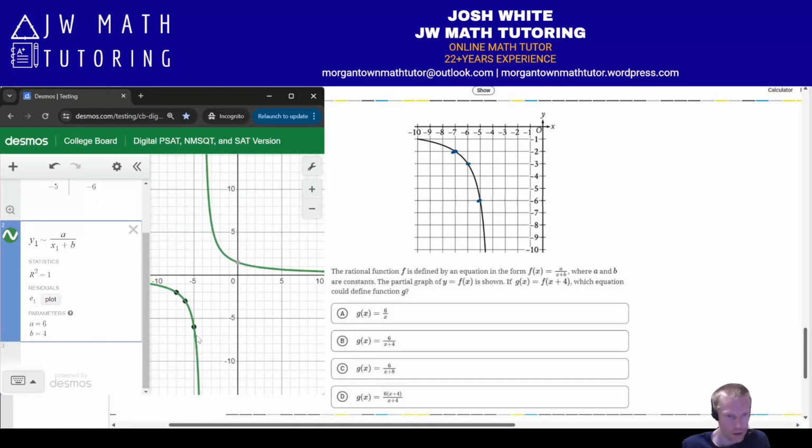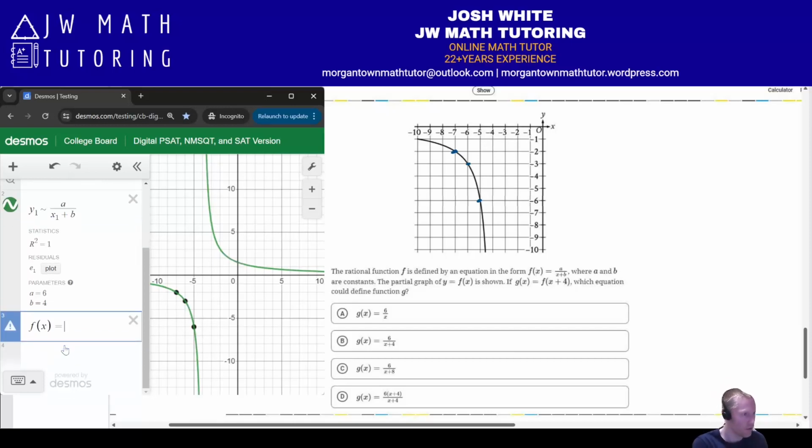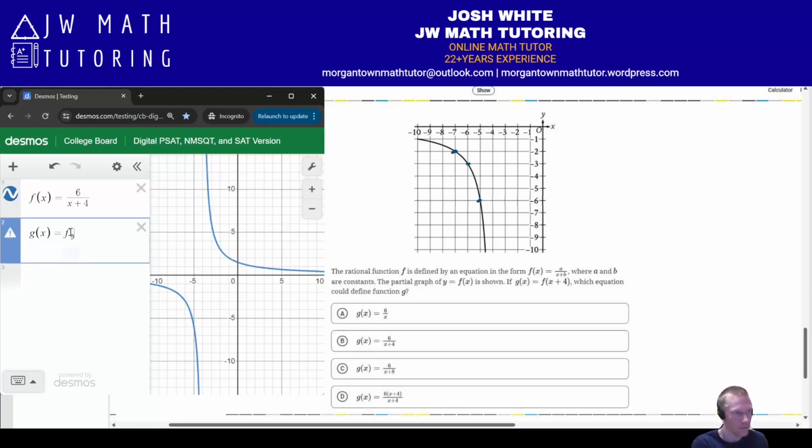All right, this portion of the graph looks like what we have on the screen here. So now I'm going to graph f of x, just filling in those numbers: 6 on top, 4 on bottom. I'm going to get rid of this, I don't need it. Now I'm going to do g of x, which is technically shifting f of x to the left by 4 units. Now we can get rid of f of x.